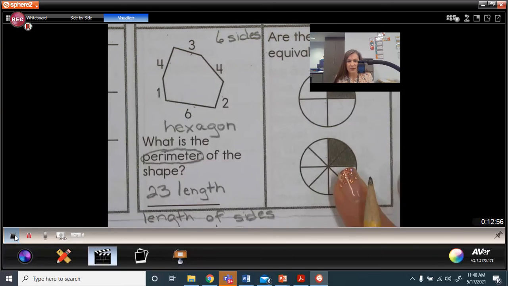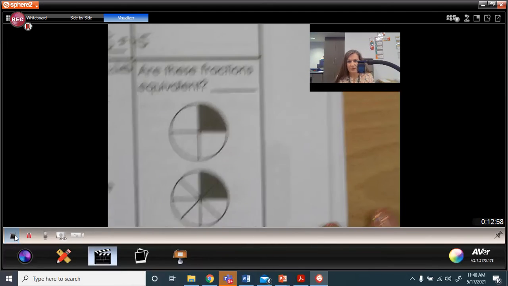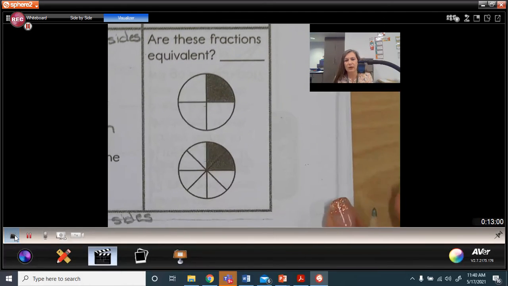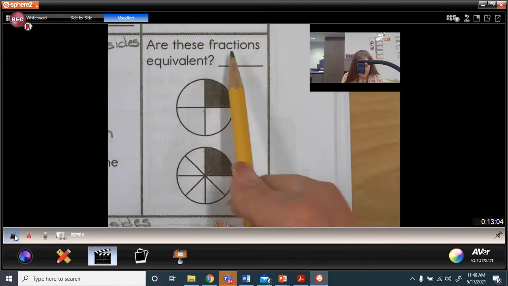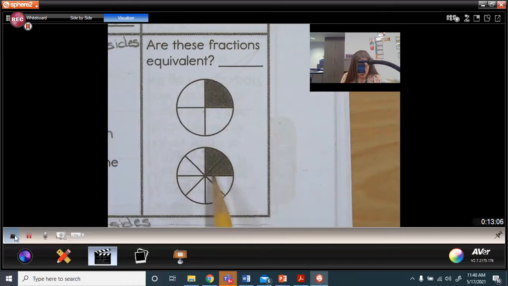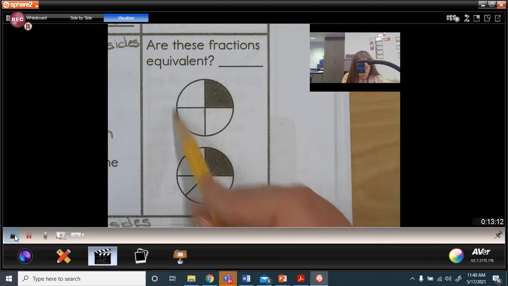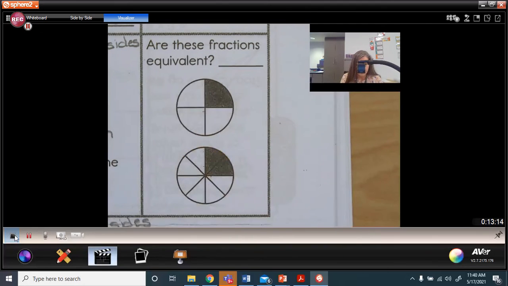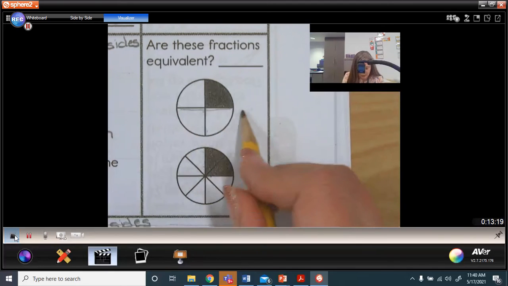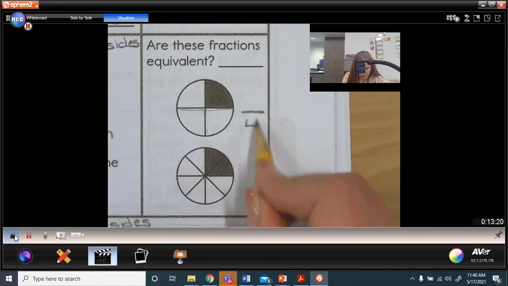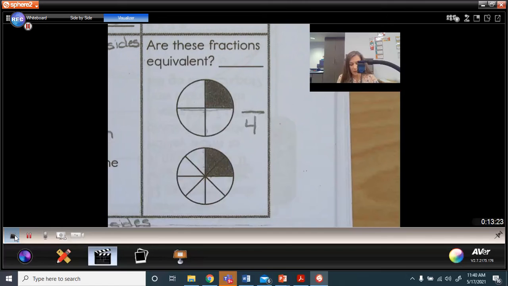And finally, we're going to take a look at a fraction problem here. And we want to decide if these fractions are equivalent to each other. Maybe they're less than, maybe they're greater than each other. Well, let's take a look. I have one full circle, and it's broken up into 4 equal pieces. That tells me, and we're going to write this fraction down, that my denominator is fourths.